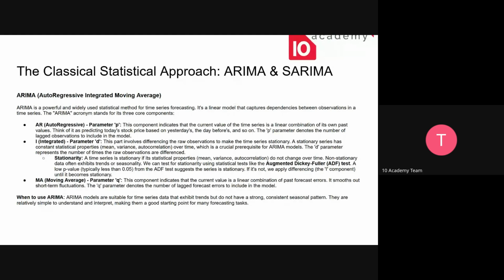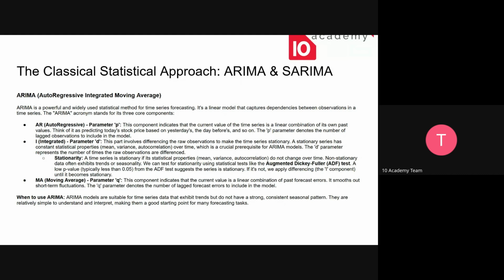We need to have some relation between the observations we have for today, yesterday, and what we're going to have tomorrow, because the previous data has a specific influence on the next data. So the parameter P will indicate that.